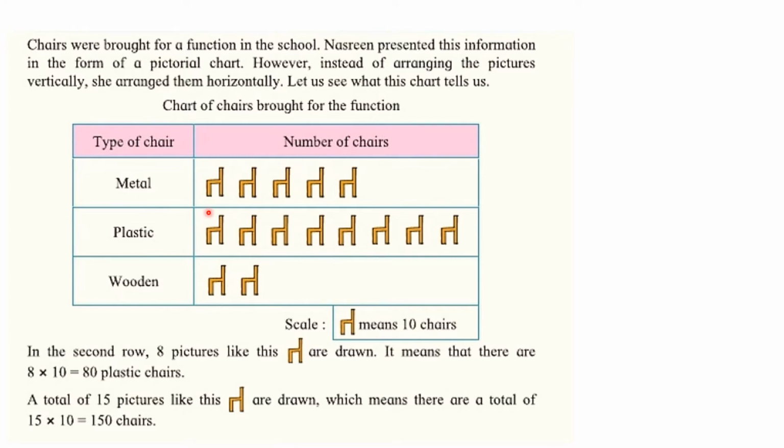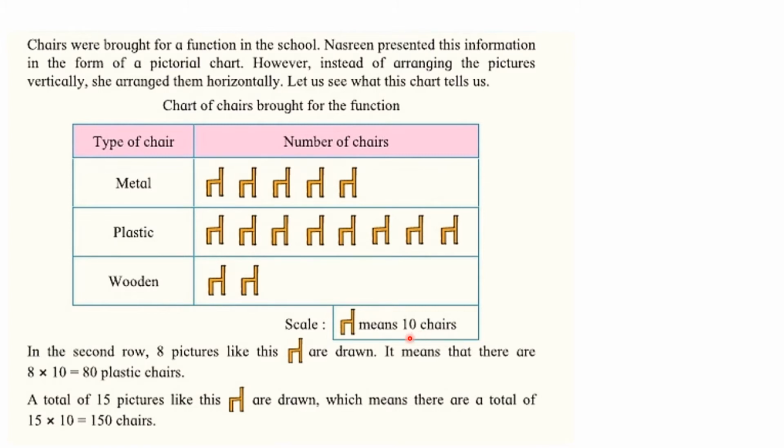So for metal it is 1, 2, 3, 4, 5. 5 pictures are given for metal. Same way for plastic 8 pictures are given and for wooden 2 pictures are given. Below this chart, scale is written and scale is 1 picture means 10 chairs.